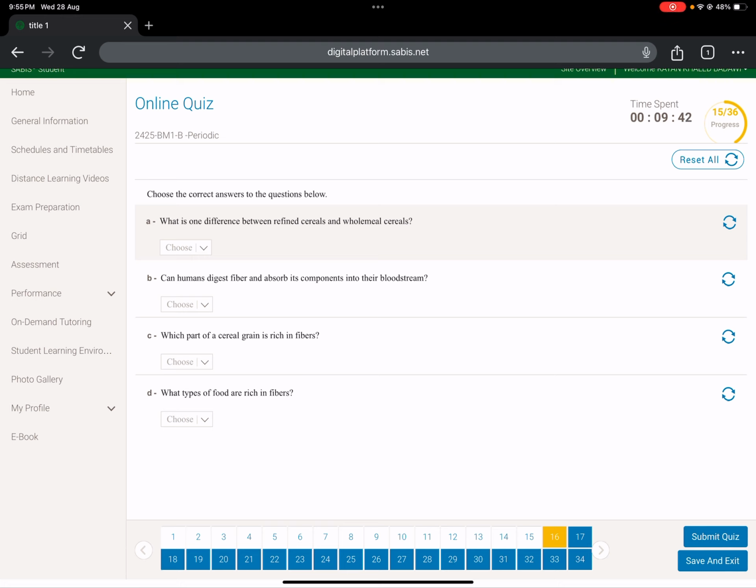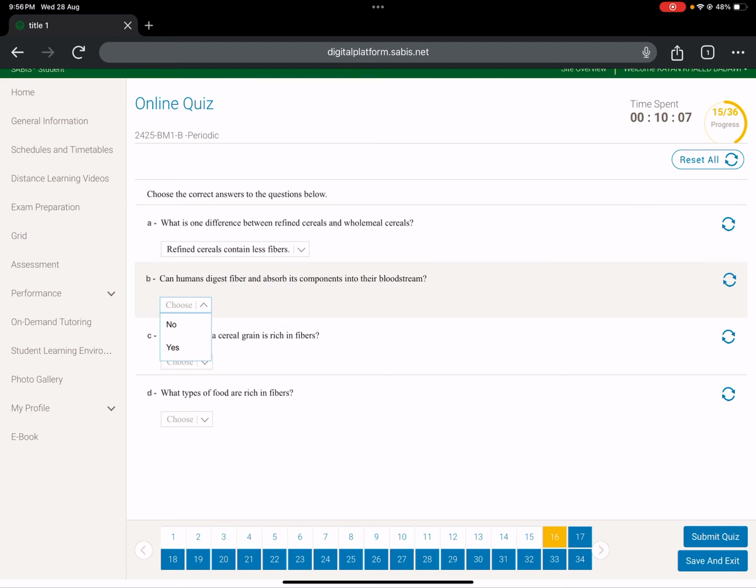Okay, here they're asking us what is one difference between refined cereals and wholemeal cereals. Now, which one is better first? The better one is wholemeal cereals. Why? Because they have bran, and bran contains more fiber. So wholemeal cereals have more fiber, so we can say refined cereals contain less fiber. They're asking us, can humans digest fiber and absorb its components?